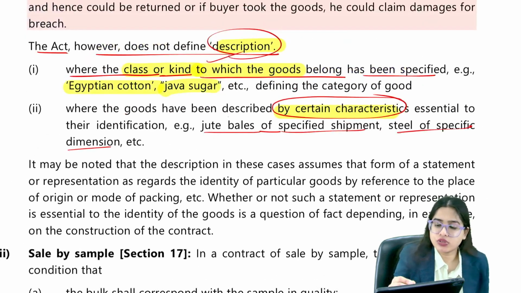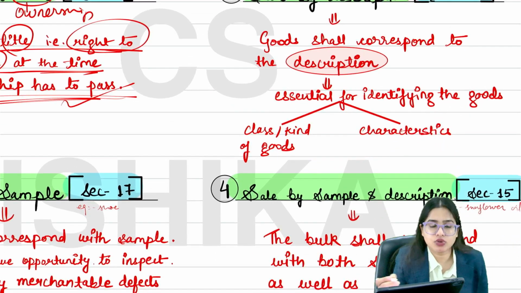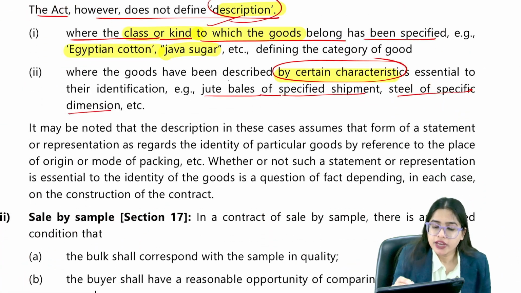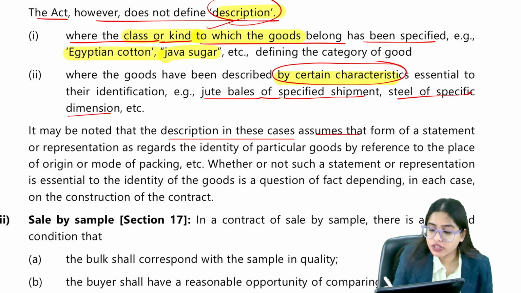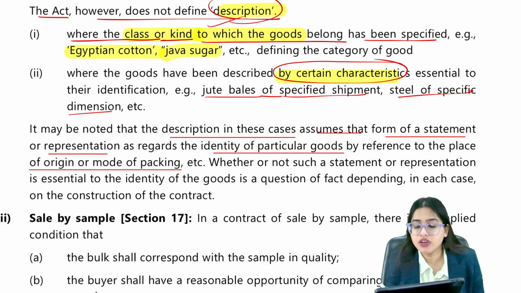So this is also there in the notes. See how you can give the description by class or kind or by characteristics. Now it may be noted that the description in these cases assumes the form of a statement or representation as regards the identity of the particular goods by reference to the place of origin or mode of packaging.